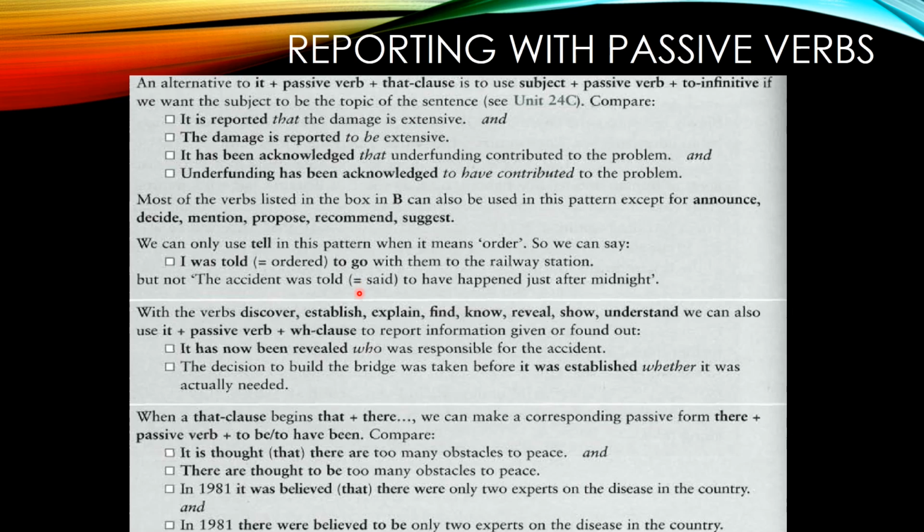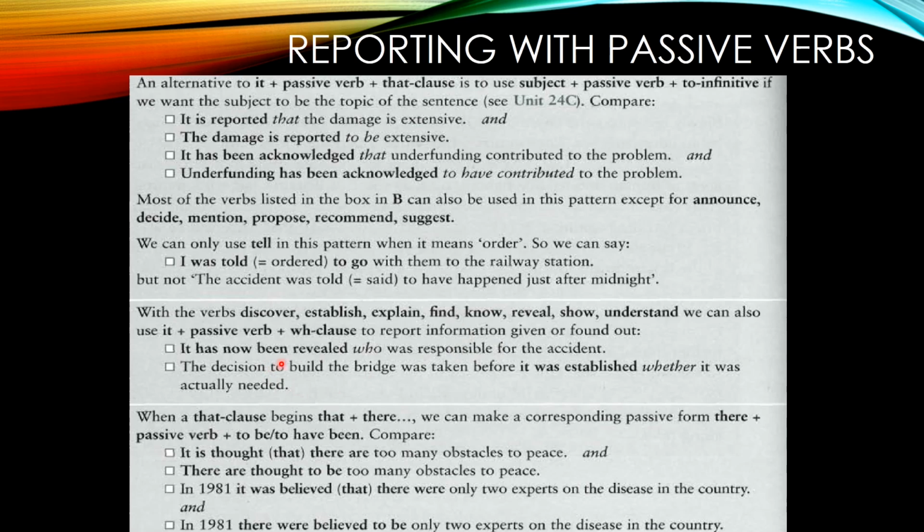The next thing is that with the verbs discover, establish, explain, find, know, reveal, show, and understand, we can also use it plus passive verb plus WH clause to report information given or found out.